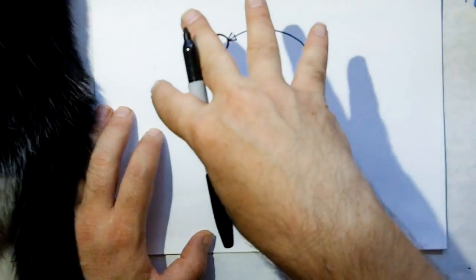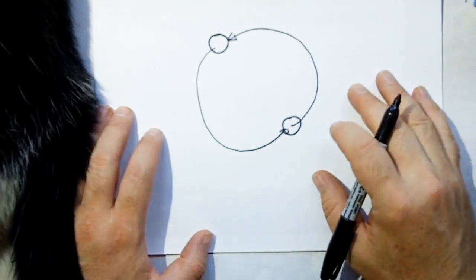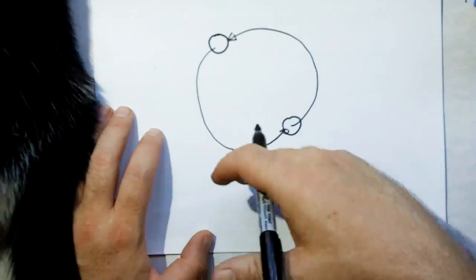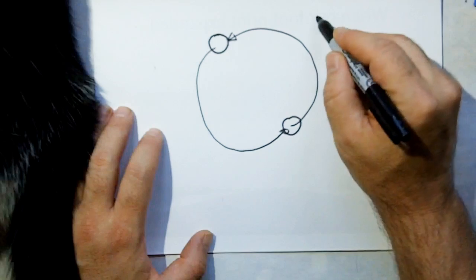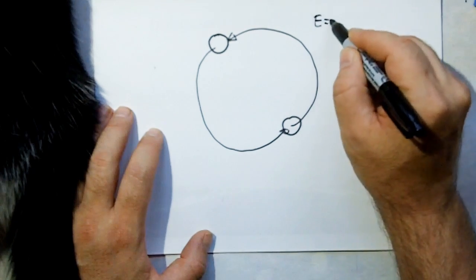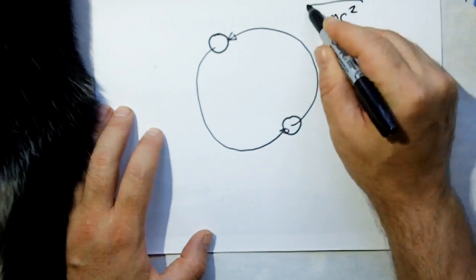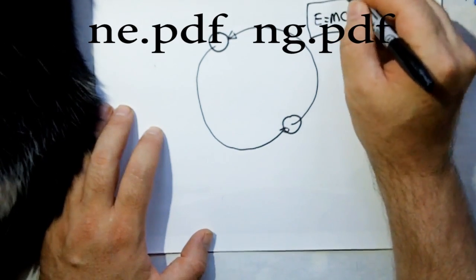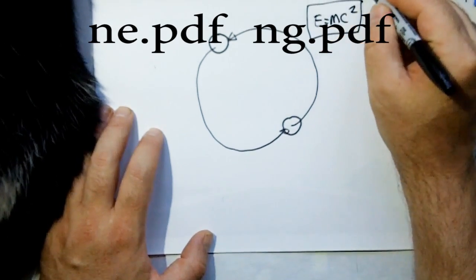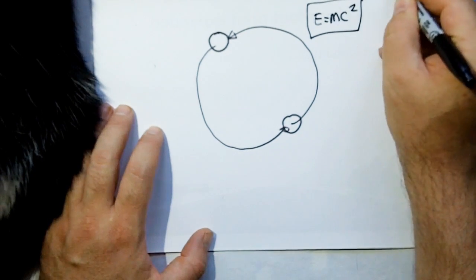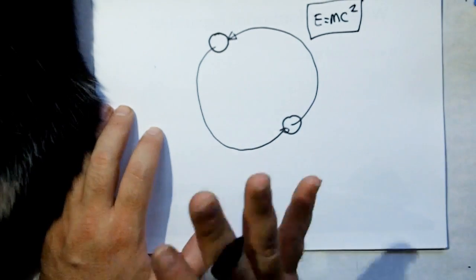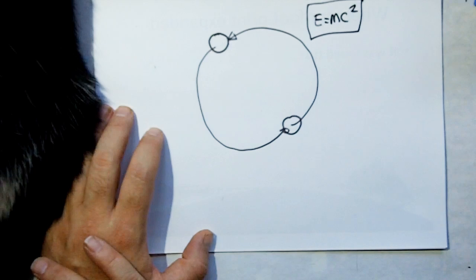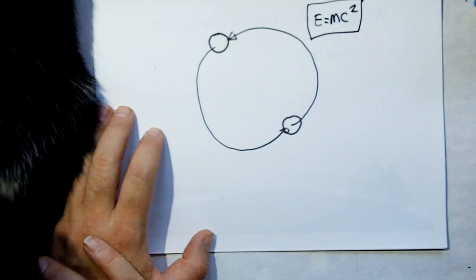When I developed this model 20 years ago, I found that this model produces energy, and the amount of energy, using classical nomenclature, is E equals mc squared. That is in the paper, I believe either newelectromagnetism.pdf or newgravity.pdf. I don't remember which one. But those derivations, even though they gave the right answer, I'm not happy with them, because they basically say the system is static.